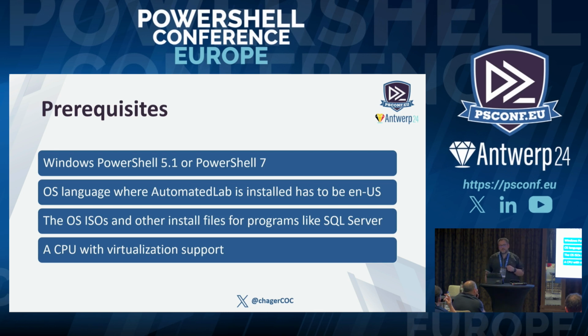If not, you will get some problems because AutomatedLab is dependent on that language. You have to have the ISOs. If you install AutomatedLab, you get a folder structure with a folder called ISOs. You should download the ISOs for the products you are using beforehand, so that AutomatedLab can reference them. And you need a CPU with virtualization support and all that jazz.